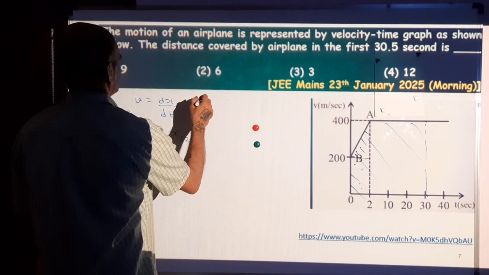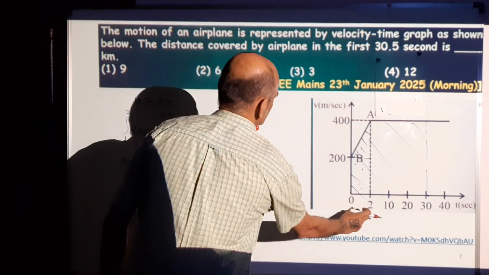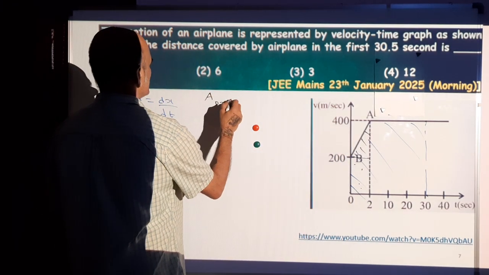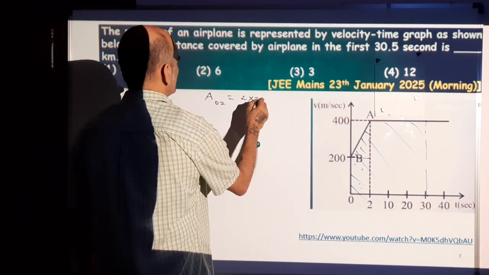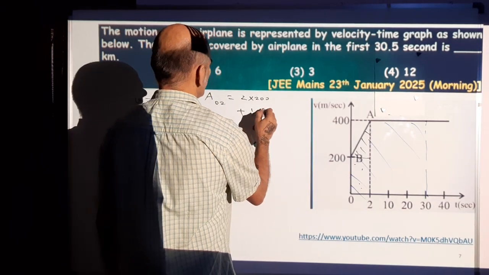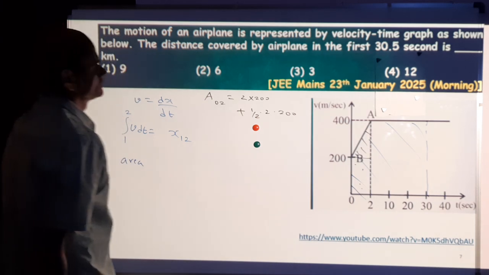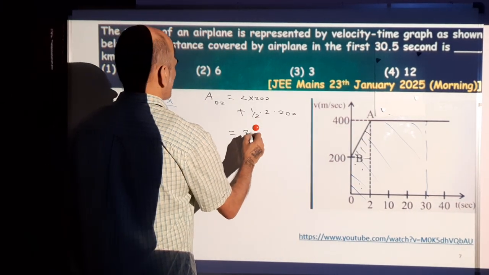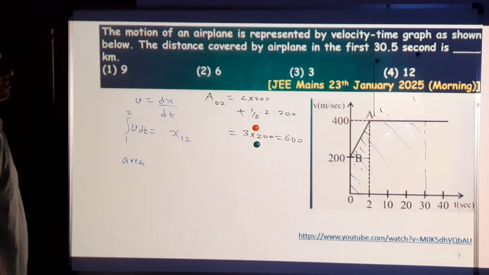So the area between the interval 0 to 2 is 2 into 200 plus the triangle area, half into base, which is 2, into height, which is 200. So 3 times 200, which is 600 SI units.